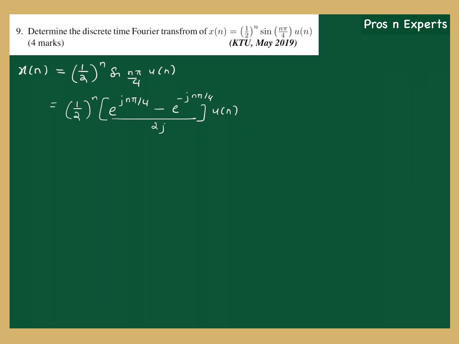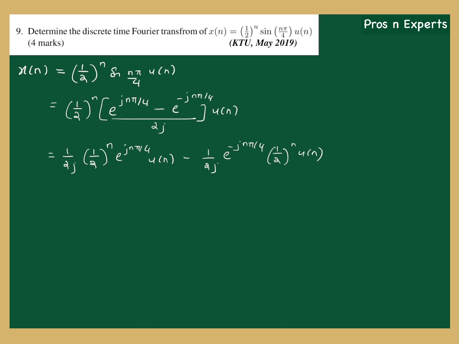Okay, so that becomes 1 by 2j into half raised to n into e raised to j n pi by 4 u of n minus, again 1 by 2j, which is common to the brackets, so 1 by 2j into e raised to minus j n pi by 4 into half raised to n u of n. Okay, that's correct.